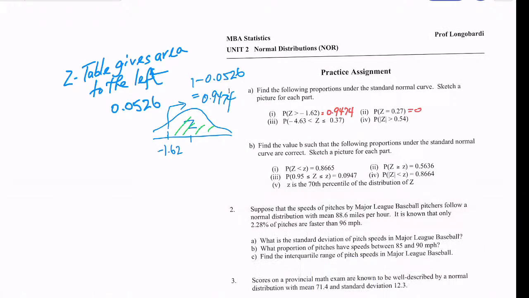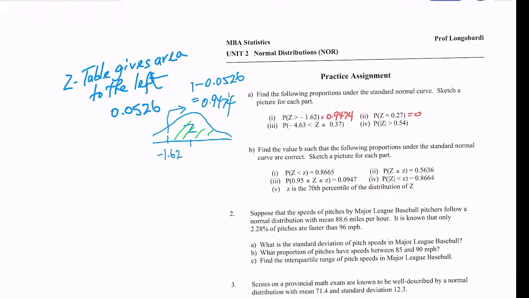This is what I put here. But that's not the answer. That's the area here. What I want is the other side. So to compute it, I make this calculation. 1 minus the left side gives me the upper side. This is known as the complement, since I know both portions make 100%.